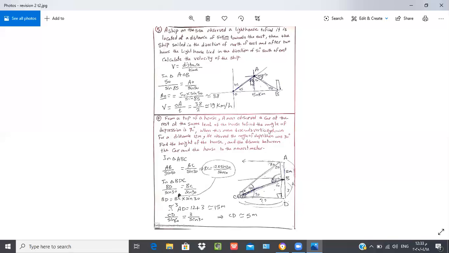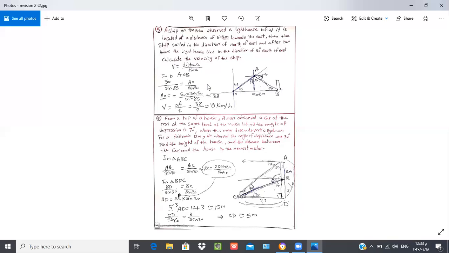South of east. I will make new coordinates. I will make my east here and the south here. This is the angle. He asks you to find the velocity of the ship. If I want to find the velocity, I must find distance over time. Time is 2 hours.